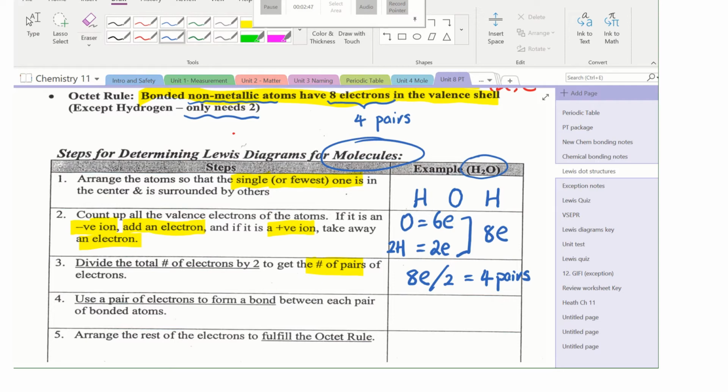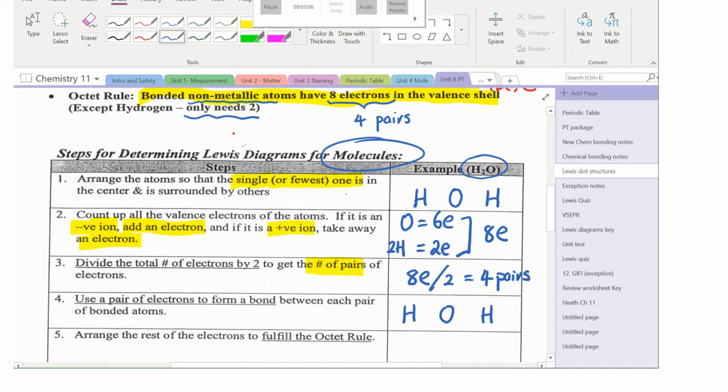Now the next step, step number 4, says to use a pair of electrons to form a bond between each pair of bonded atoms. So here we want to join the atoms together. Let's redraw the proposed structure here.